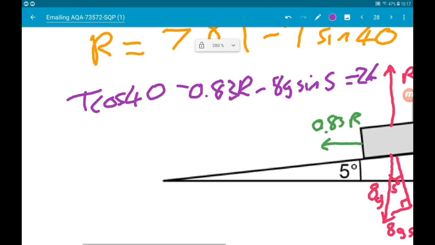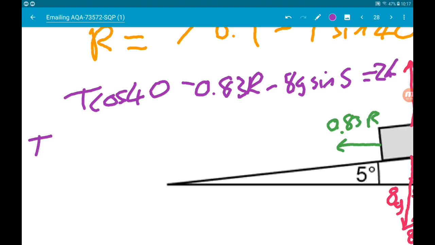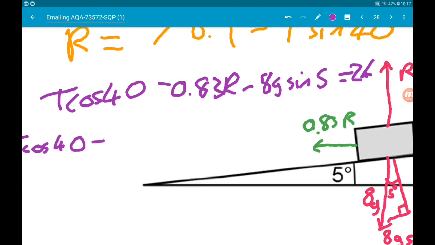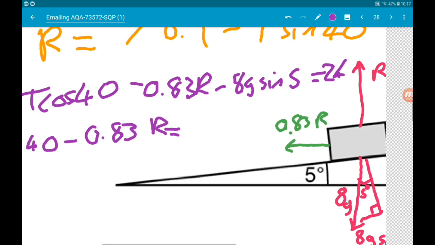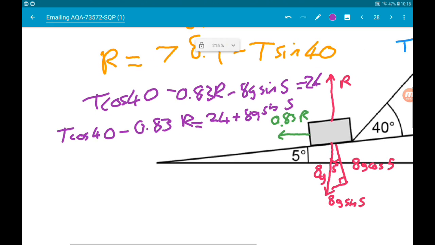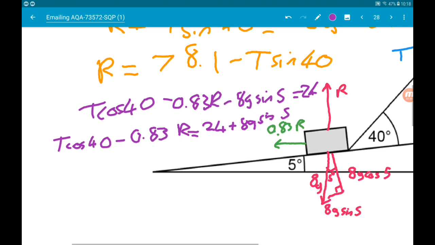So what we can say at this point is T cos 40 minus 0.83 R is equal to 24 add 8g sine of 5. So that's nice.